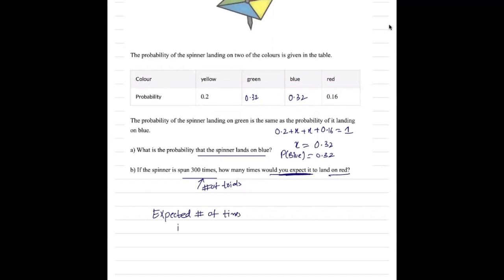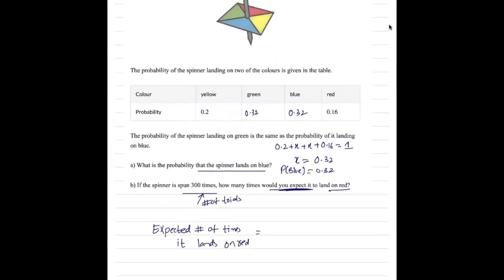The expected number of times it lands on red is going to be equal to the probability of red, that is 0.16, multiplied by the number of trials, that is 300. So 0.16 times 300 is 48. Out of 300 spins, based on the probability, we expect the spinner to land on red 48 times.